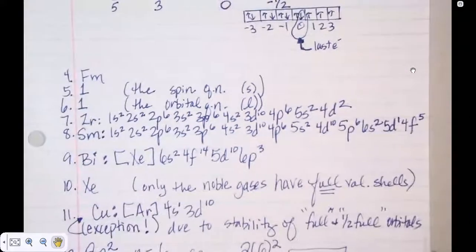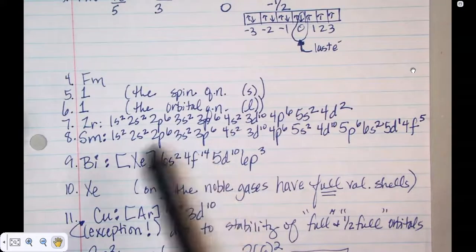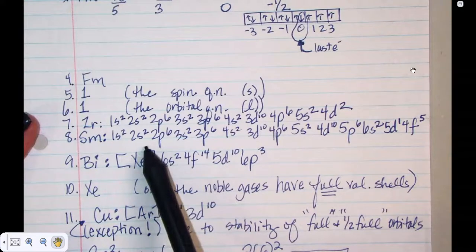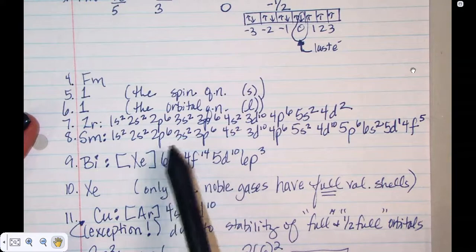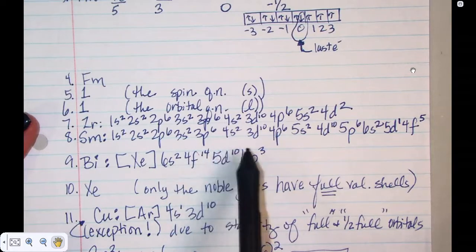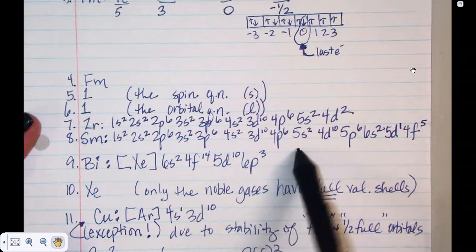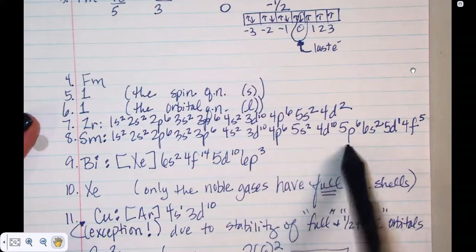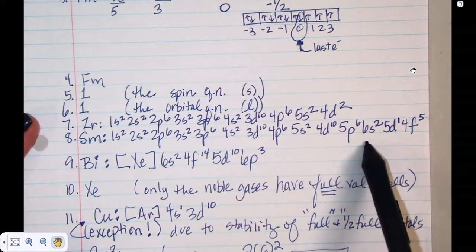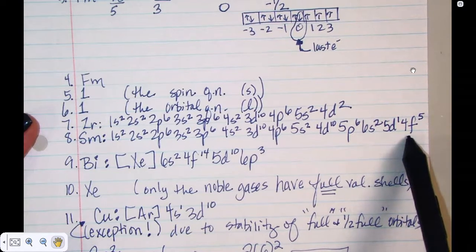So let me zoom out just a little so you can see it all. I'm sorry, for samarium: 1s2, 2s2, 2p6, 3s2, 3p6, 4s2, 3d10, 4p6, 5s2, 4d10, 5p6, 6s2, 5d1, 4f5.